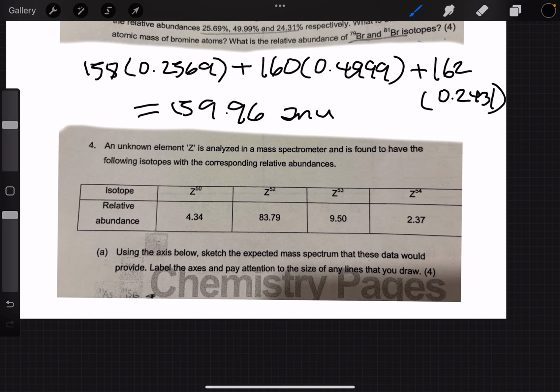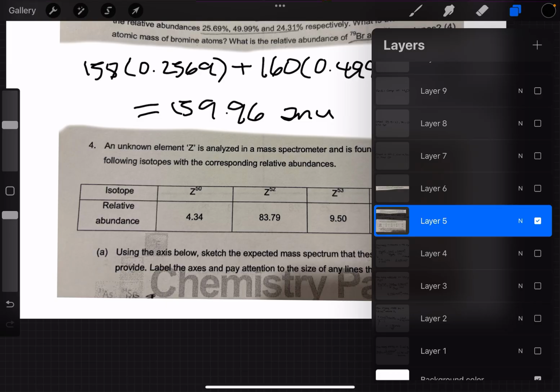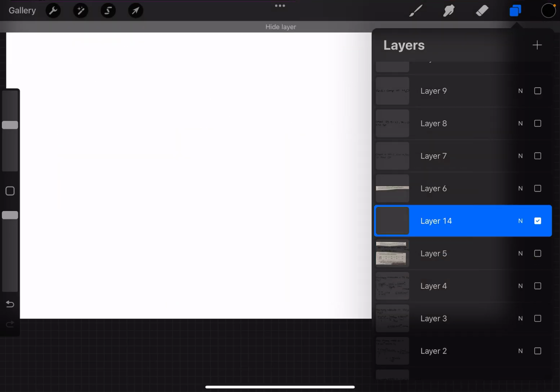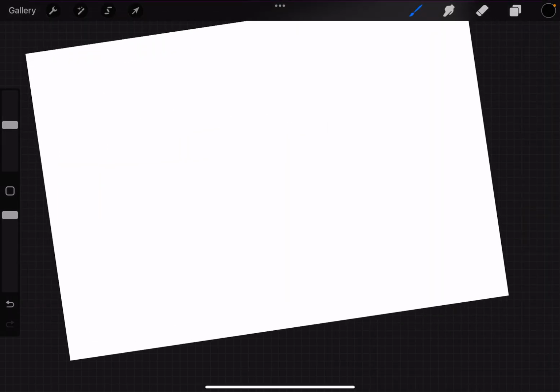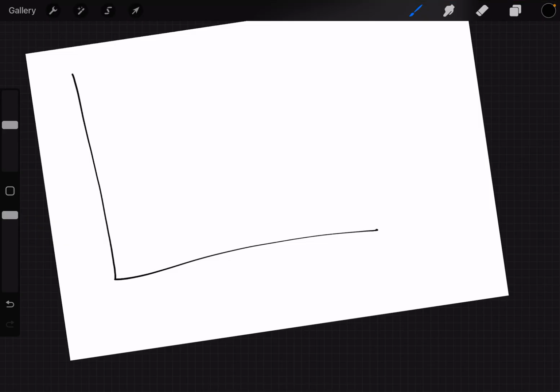And then an unknown element is used, and they just want you to graph it out. So it's easy. This is your isotope. So it's going to be Z50, Z52, Z53, and then Z54.